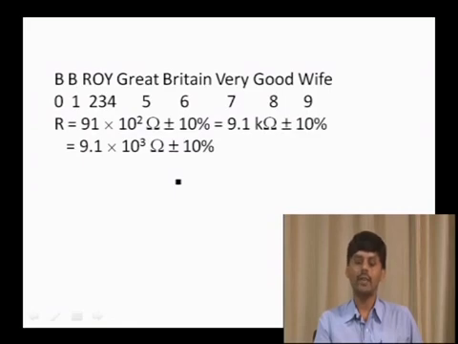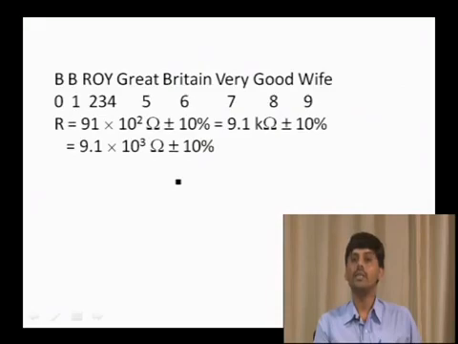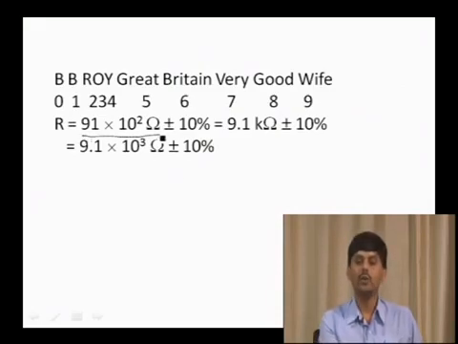Here the first color is white, white is having 9, therefore I am taking 9 as the first significant digit. The second color is brown, so brown is 1, that is 91. The third band is red, red means the value is 2, therefore 10 power 2.